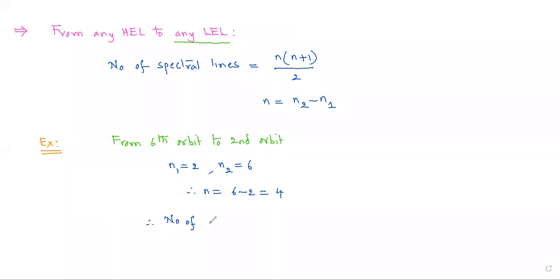Therefore, the number of spectral lines can be given as 4 into 4 plus 1 by 2, which is nothing but 10 again. Correct? This way you can calculate the number of spectral lines formed when electronic de-excitation occurs from any higher energy level to any lower energy level.